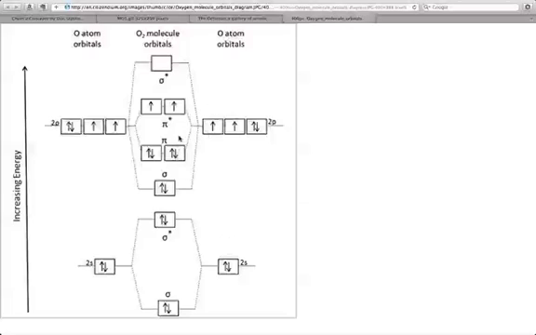Now, if you were to add electrons to this, they would end up populating this pi star orbital. So when you form the -2 ion for oxygen, it would actually weaken the bond. But that's not always the case.